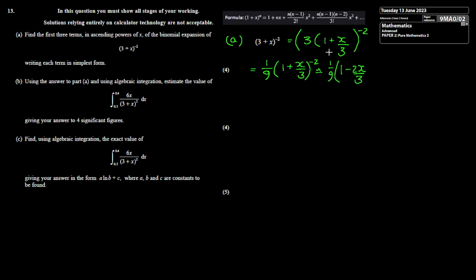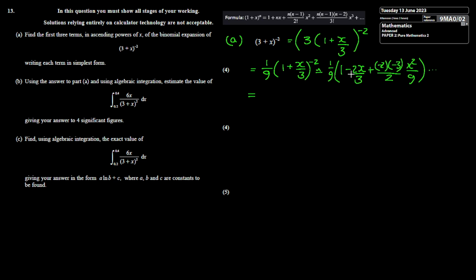That's the first two terms. Now the next one, it may not remain positive for long, so I get negative 2, negative 3, n minus 1, over 2, multiplied by this term squared, which is x squared over 9. That's all they want, but yes, it does go on.